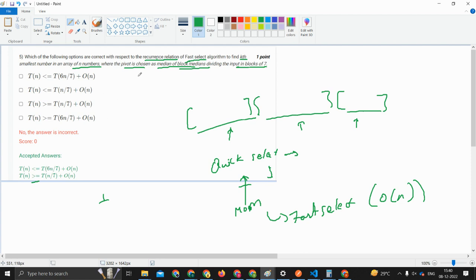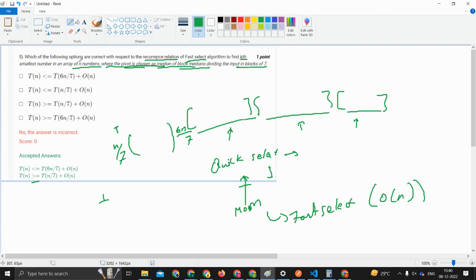I think they are asking about where the pivot is chosen. So where will the pivot lie? It will lie between n by 7 and 6n by 7.